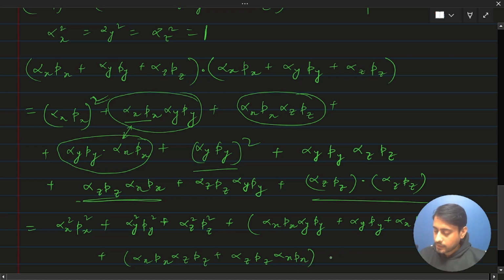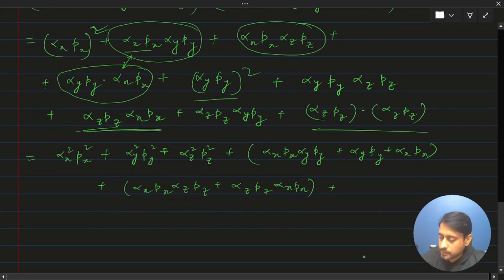And so basically we have one last bracket, which is for alpha y py, alpha z pz plus alpha z pz into alpha y py.